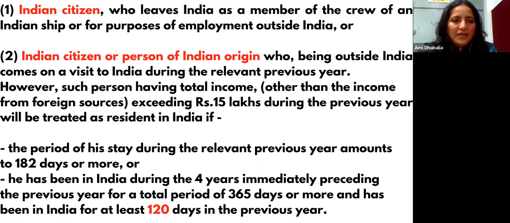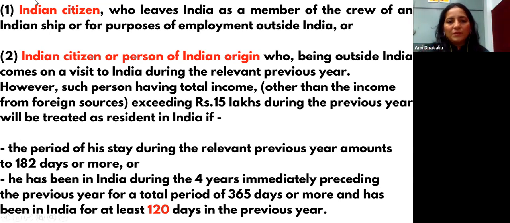The second exception is Indian citizen or person of Indian origin. Now, who is a person of Indian origin? The person in question or their parents or the grandparents were born in undivided India, that is on or before 15th August 1947. Who, being outside India, comes on a visit to India during the relevant previous year.